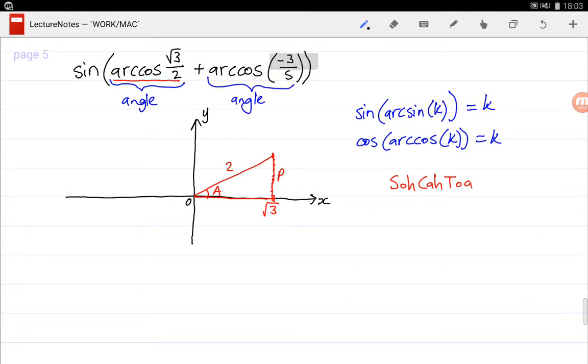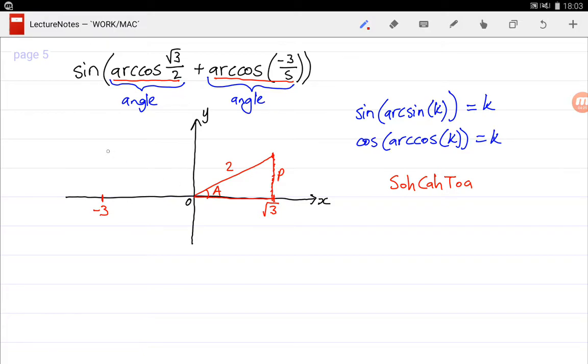So the next step would be to draw this triangle over here as well. This triangle has a negative adjacent side. So this tells us that it's not in the first quadrant. For it to be negative, it has to be somewhere here on -3. And it has a hypotenuse of 5, and that's +5.